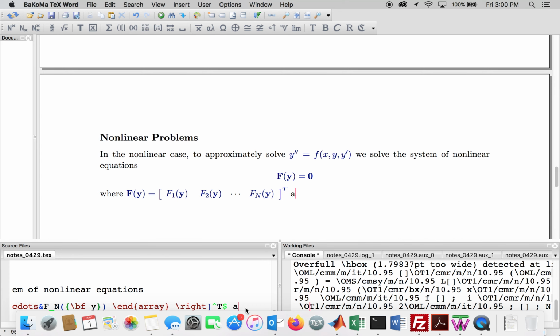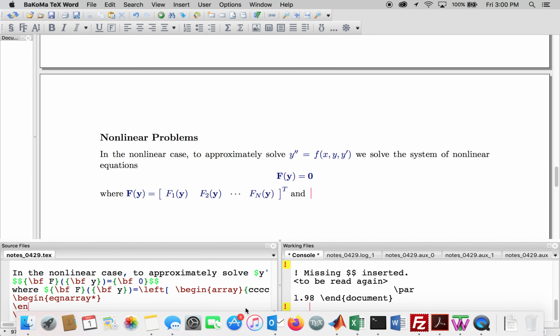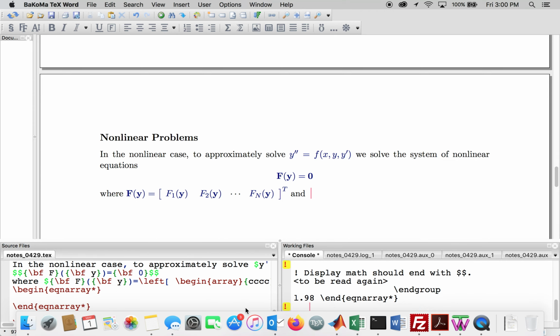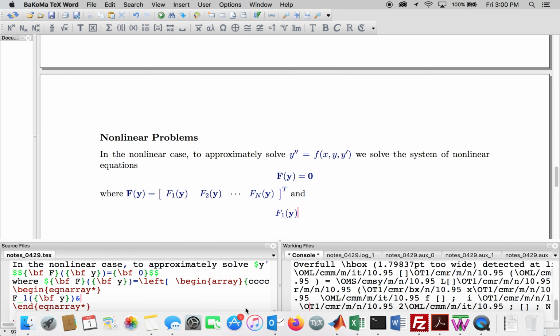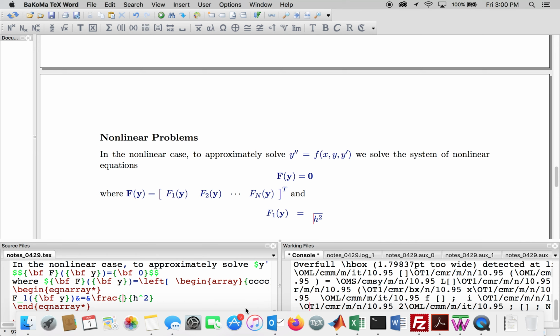Now, what are these component functions of capital F? Okay, so we have f1 of y. This will return a scalar value based on the components of a vector y. This is in keeping with the system of equations I showed you earlier, I'm just writing it out a little more concretely.